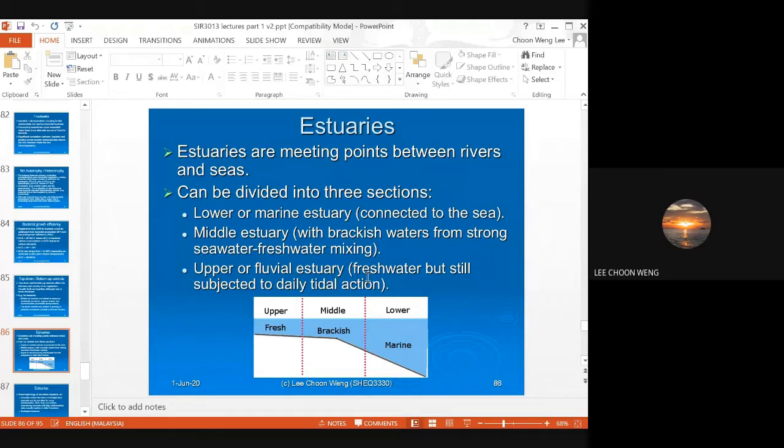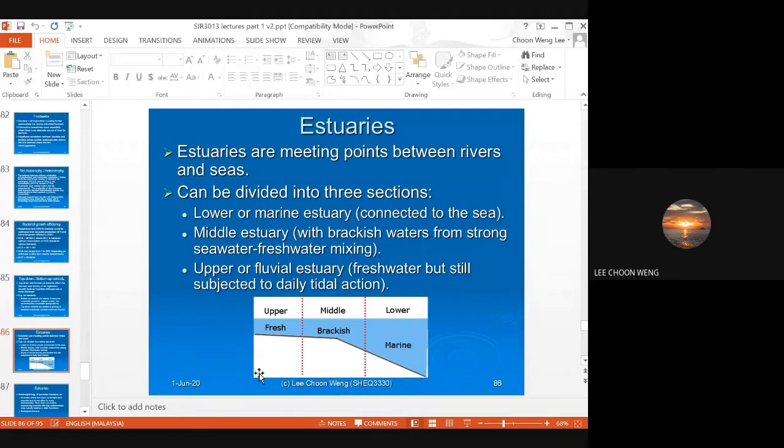Sometimes you observe very low salinity, maybe about 1 or 0 point something, but you observe that the level of the river seems to be related to the tides, going up and down according to the tides. So it is still considered an estuary because it is still influenced by tidal action. That will be your upper or fluvial estuary.